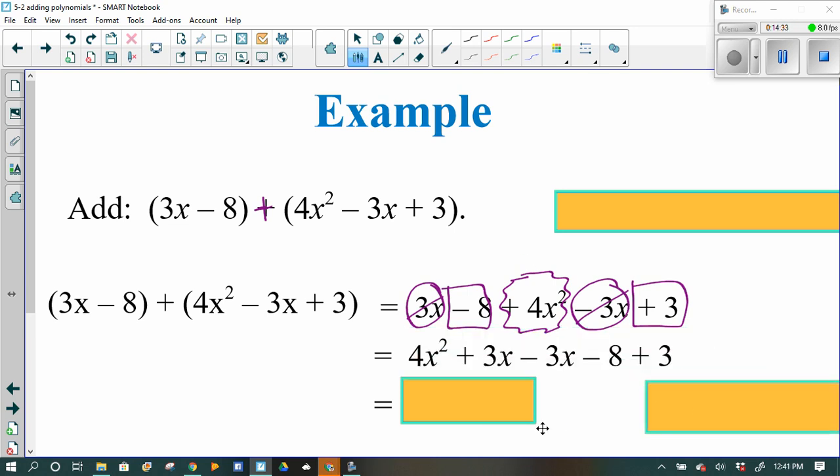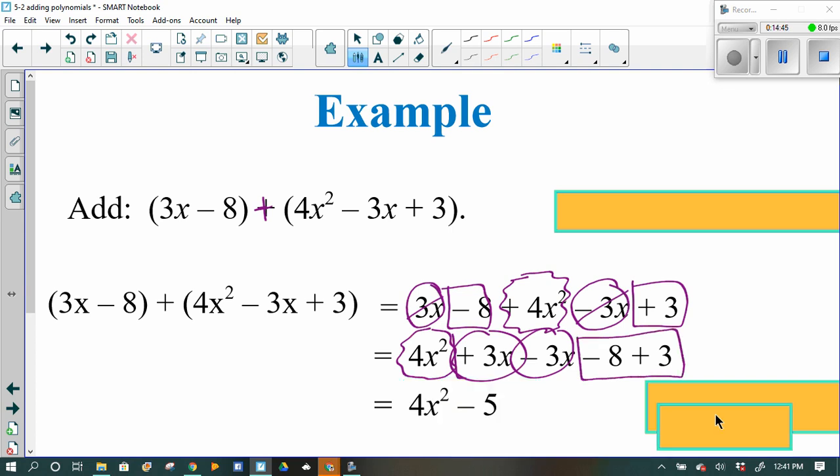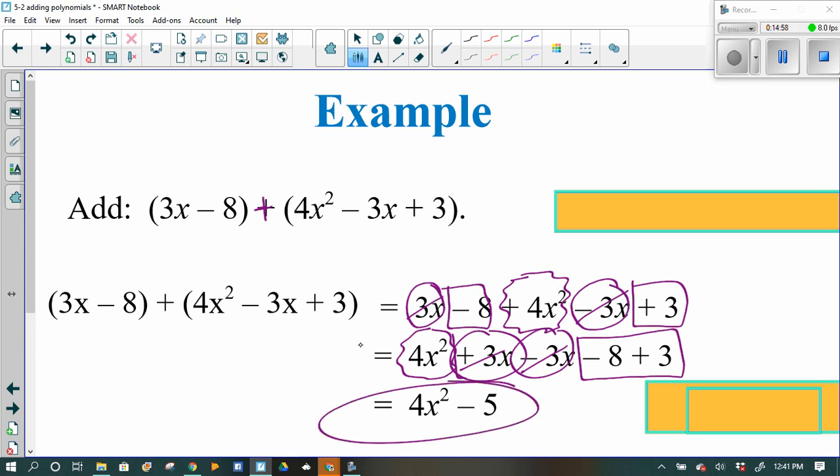So if you group them together, you got your 4x cubed here, then your 3x minus your 3x, and then your negative 8 plus 3. And you wind up getting 4x squared because it doesn't add to anything. Remember, those 3x canceled out, and negative 8 plus 3 is negative 5. And that is your final answer, which looks much more simple than this, which is the whole point of combining like terms, is to reduce the number of terms so that it's easier to look at.